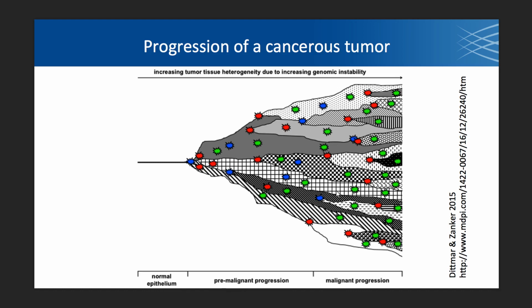A lot of these mutations are passenger mutations, and some of them are driver mutations that are driving the tumor forward to malignancy. And so when we take a tumor biopsy, this is what we're getting, a very heterogeneous population. And so we need increased sensitivity to be able to detect things that might be at very low allele fractions.